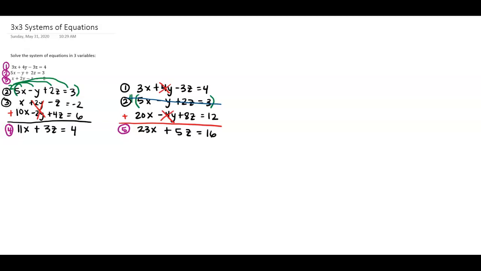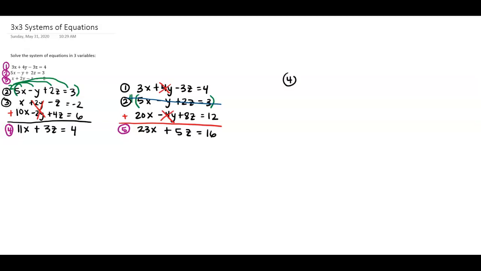All right, so now I'm going to look at my equation 4 and equation 5 and notice that I have the same variables in there. I've got x's and I've got z's. All right, and so now I can go ahead and do this process again and eliminate either the x's or the z's. And so I'm going to write 4 and 5 together, one on top of each other here, so we can kind of see.